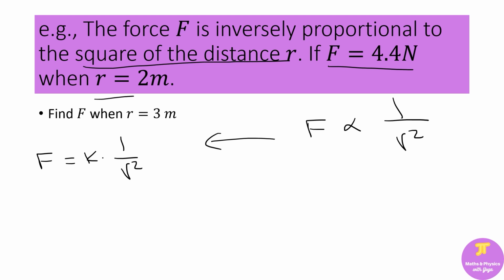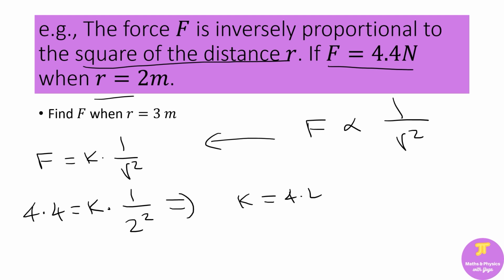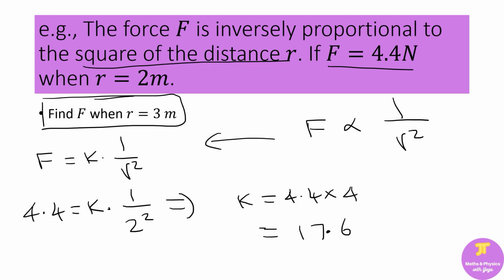We put that information here to find the constant k, with 1 over 2 squared. If you rearrange this, k is equal to 4.4 times 2 squared, which is 4, which is going to be 17.6. And the question is to find F when r equals 3.